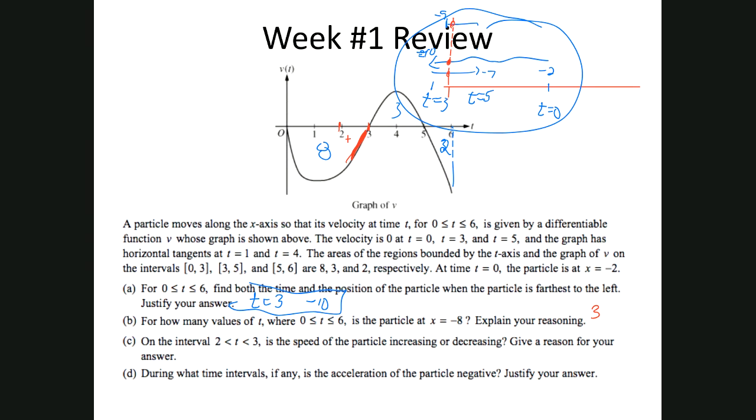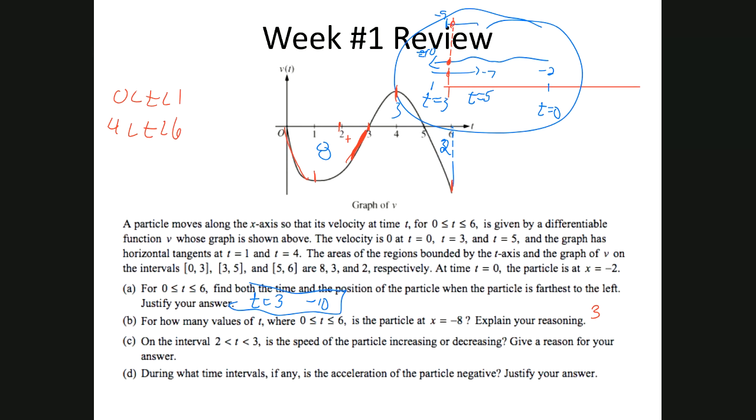So during what intervals, if any, is the acceleration of the particle negative? Wouldn't that be from 0 to 1? Because now the acceleration would be the slope. And where else is it? 4 to 6?